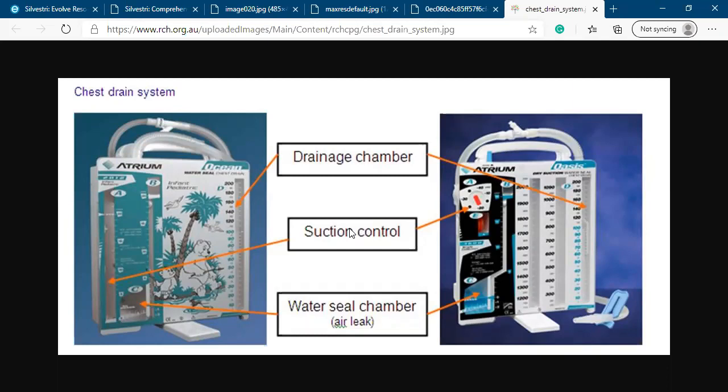Intermittent bubbling in the water seal is a good sign, right? It is just opposite in the suction control tube. In suction control, continuous bubbling is a good sign and intermittent bubbling is a bad sign.